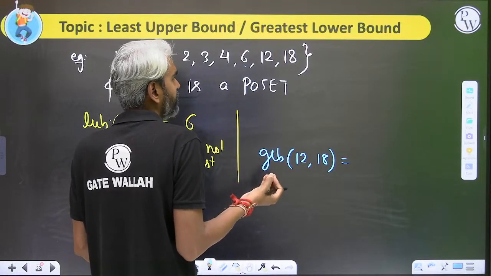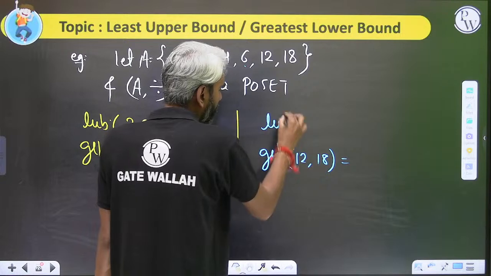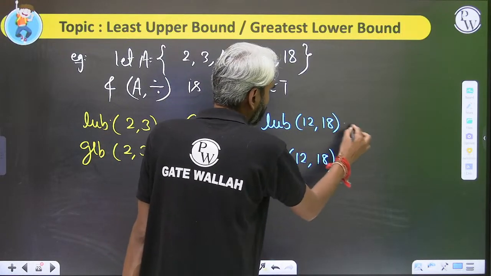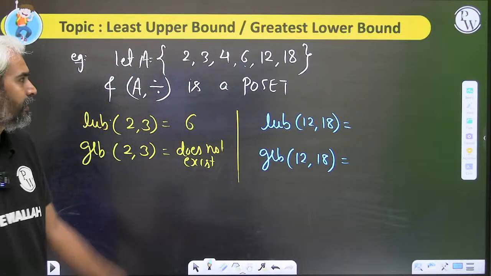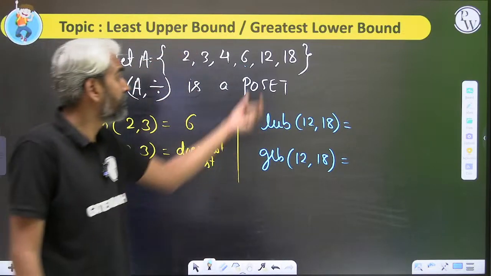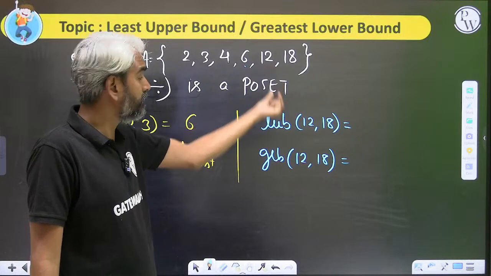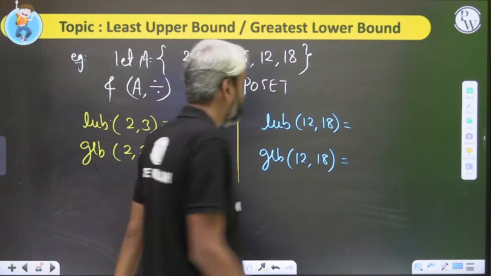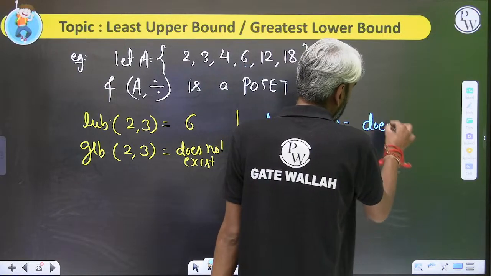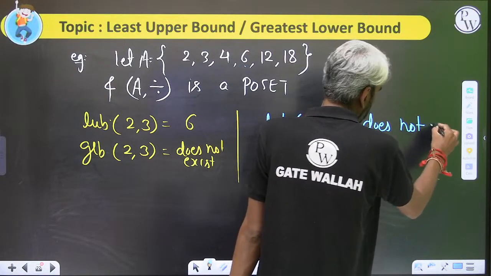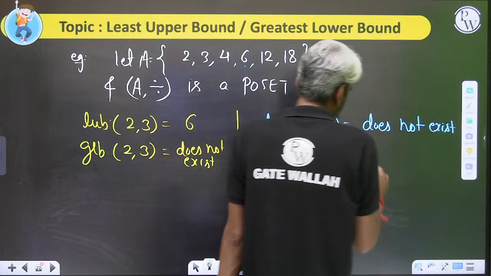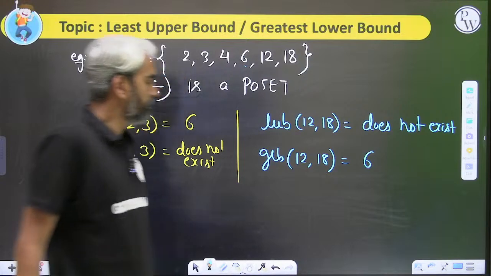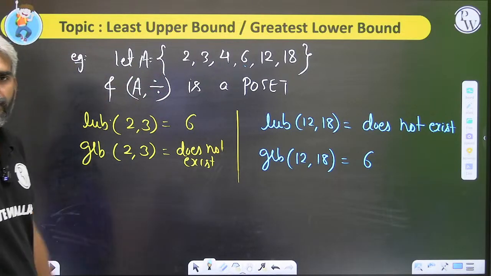But if you look at the least upper bound of 12 and 18, is there any number which is divisible by 12 as well as by 18 and is present in this set A? No, sir, there is no number which is divisible by 12 as well as by 18 and present in this set. So, the least upper bound of 12 and 18 does not exist, and the greatest lower bound of 12 and 18 will be 6.